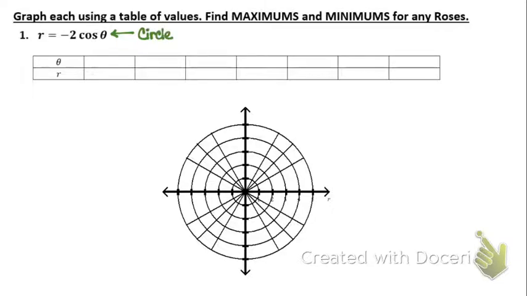What's the period on our circles? Period is pi on our circles. So on my table, I need to go from 0 to pi. The only way you're going to fit from 0 to pi on the table is if you take each one of these cells and you cut them in half. Otherwise, you will not be able to fit all the way to pi on here.